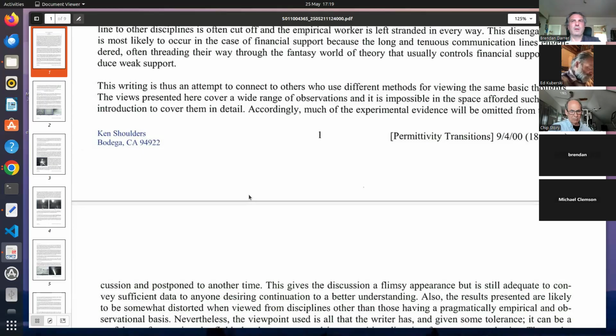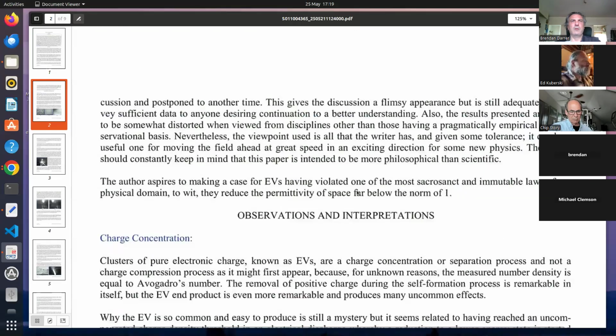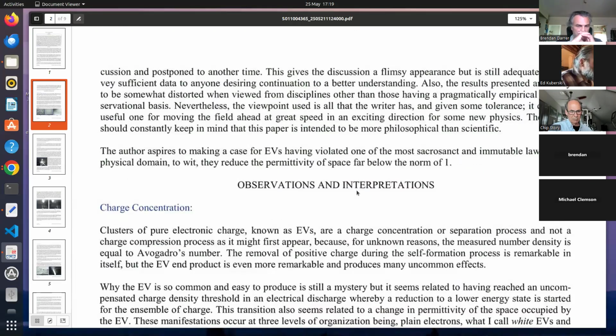Accordingly, much of the experimental evidence will be omitted from the discussion and postponed to another time. This gives the discussion a flimsy appearance, but is still adequate to convey sufficient data to anyone desiring continuation of a better understanding.